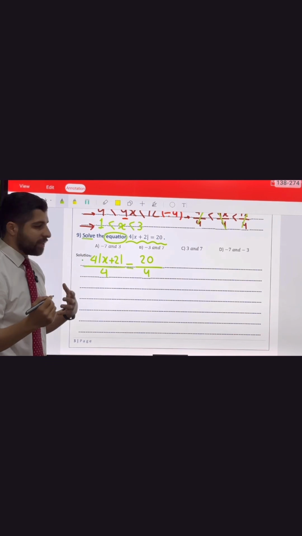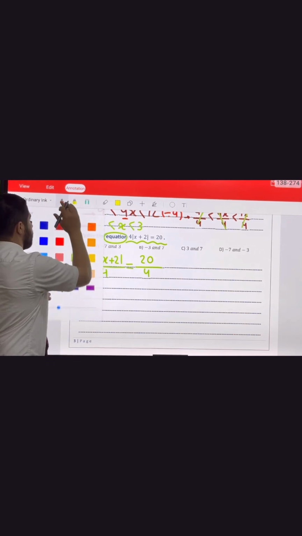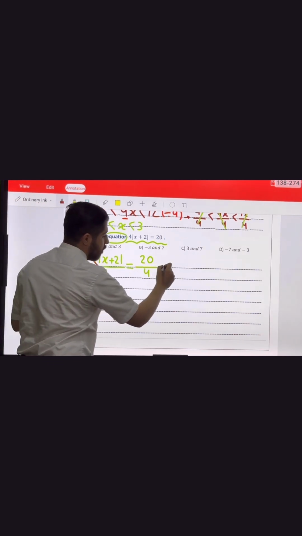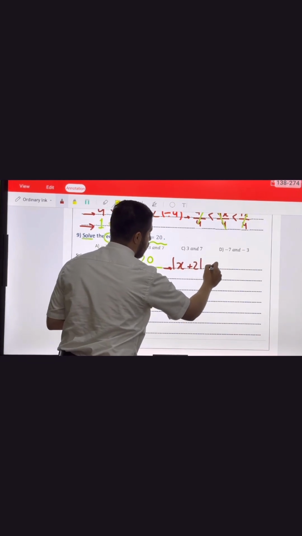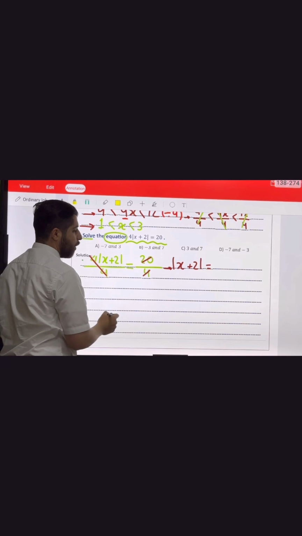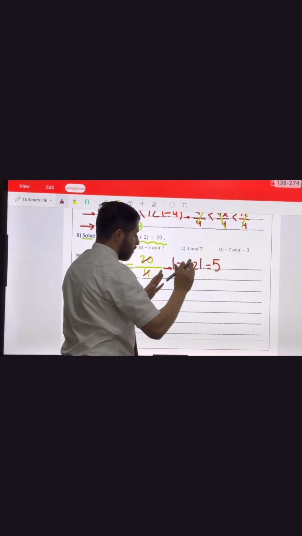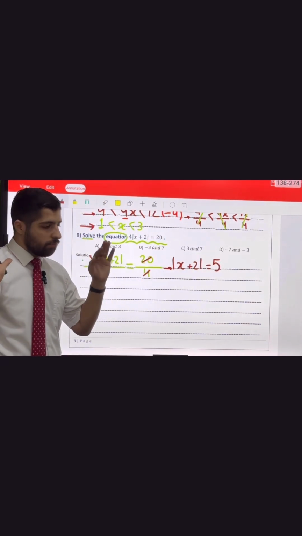Okay, after that you have to simplify. So the 4 is going, you get the absolute value of x plus 2 equal 20 divided by 4, you get 5. So this is no problem. We are close to the answer.